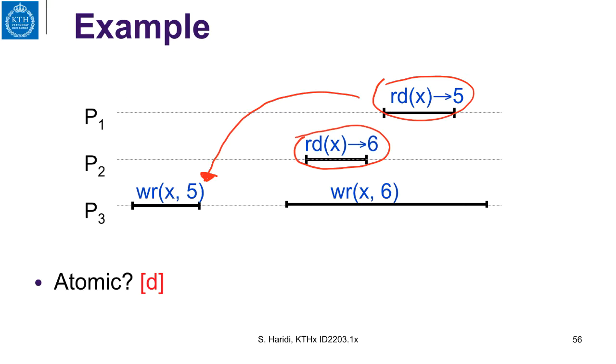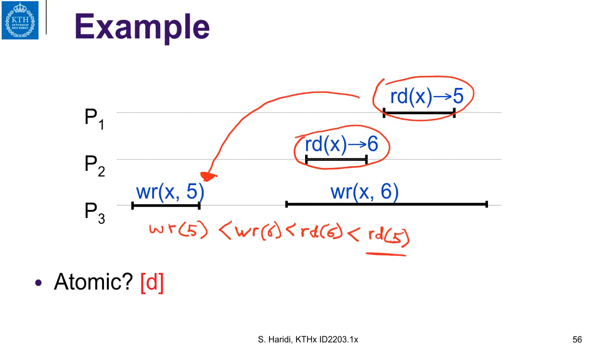This is, of course, a regular register implementation, and we have the read of 6 before the read of 5, as you can see, but it is not linearizable because in a linearizable execution, the write of 6 is before the read of 6, and we know that the write of 5 is before the write of 6.